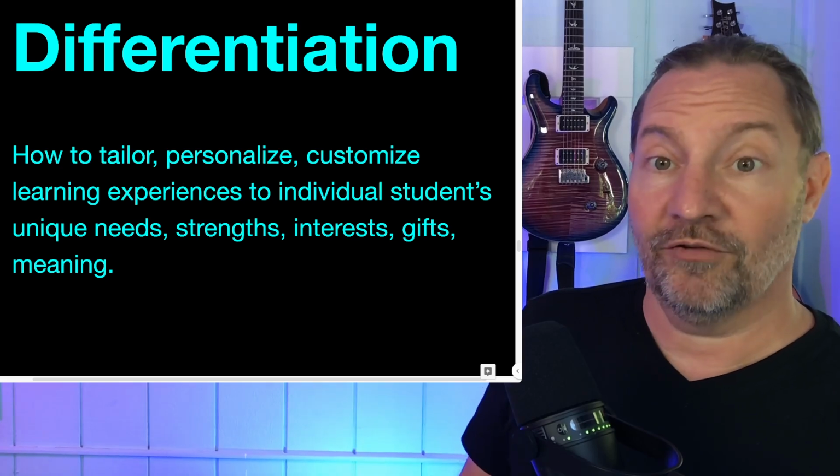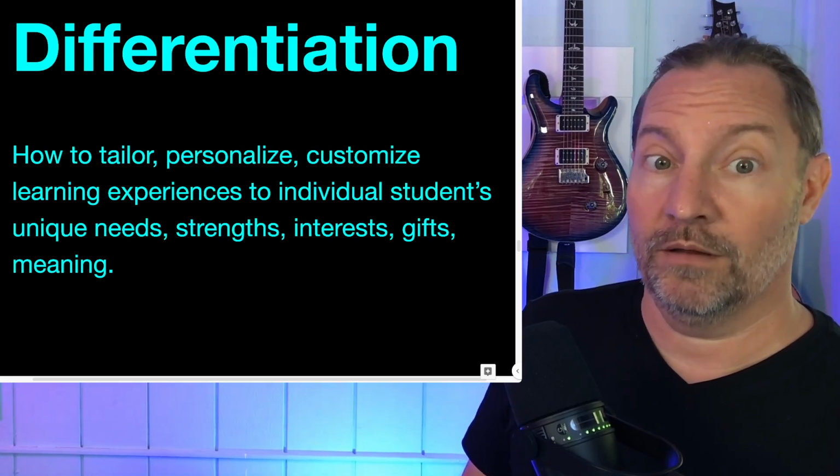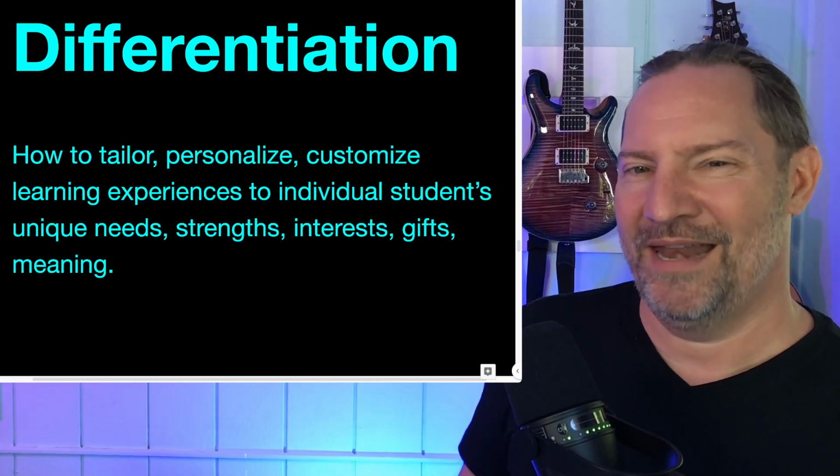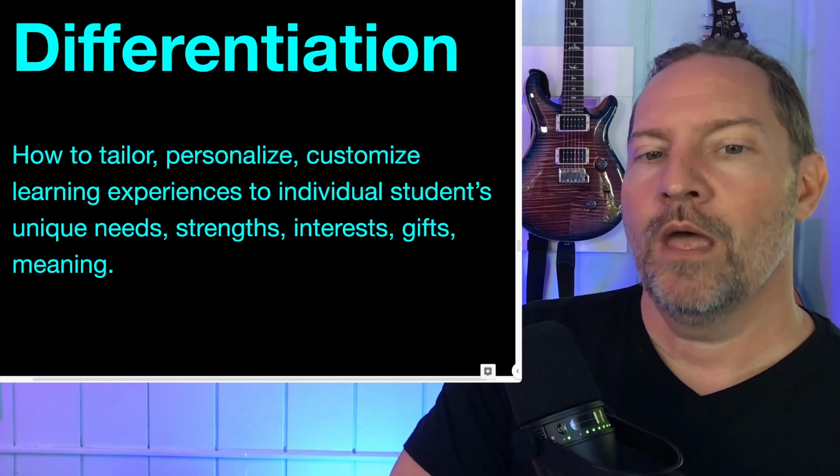Excellent teachers differentiate very well to all the kids. And then I put the word meaning. Why did I put the word meaning there? Well, the reason I put meaning there is because when we can make learning more meaningful or more purposeful, the more it's differentiated, the more the individual is going to get out of it.